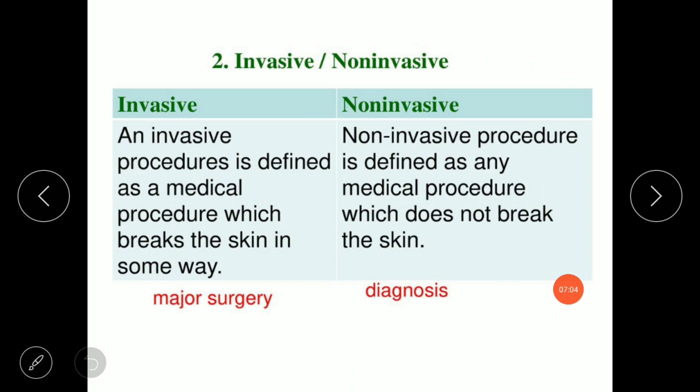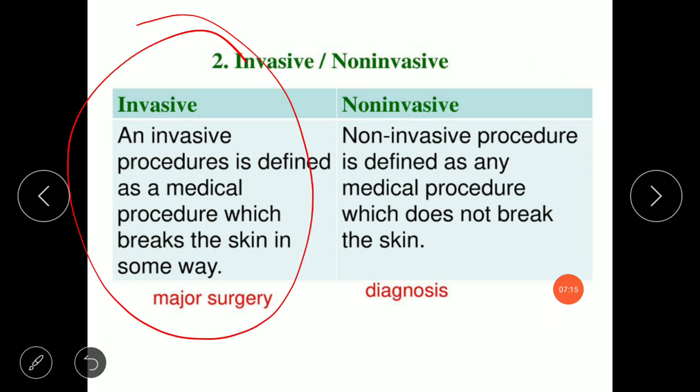In case the measuring instrument needs to be implanted in the human body, either by piercing the skin, catheterization, or surgery, then it is said to be an invasive instrument. So what is an invasive instrument? When an instrument needs to be implanted in the human body through surgery, it is an invasive instrument.